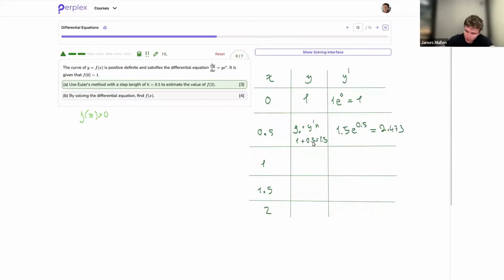And therefore, the next y value is going to be the previous y value, so 1.5, plus y prime times h, which is 0.5 times 2.473. If I do that, 2.473 times 0.5 plus 1.5, I should get 2.7365.